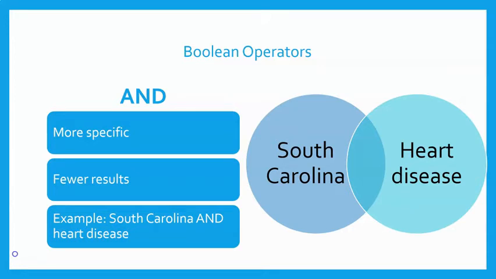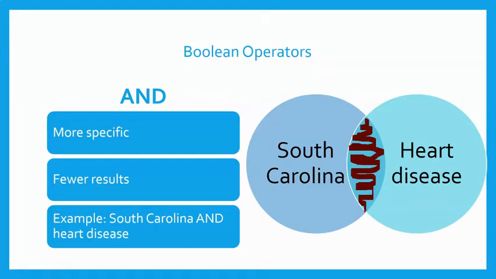So for example, I could say South Carolina and heart disease. And because of that and, the results that I'm going to get are going to be in the Venn diagram where they overlap. So if an article is just about South Carolina or just about heart disease, I won't get that.